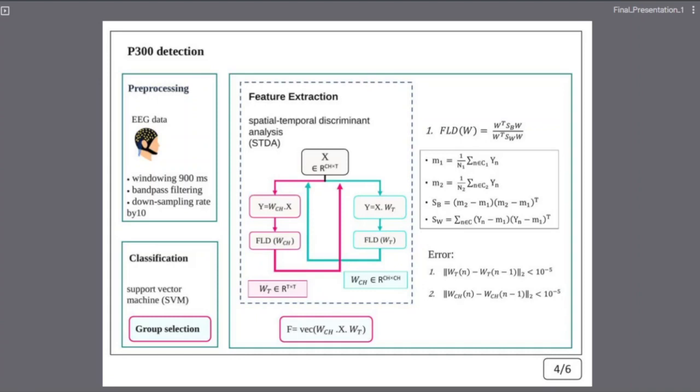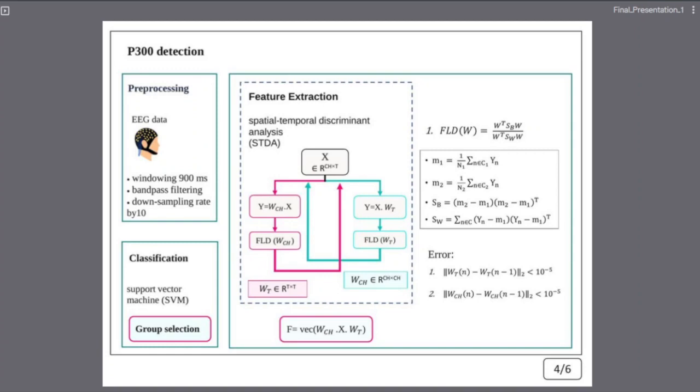Since P300 based ERP signals have important information in both spatial and temporal domains, in order to extract the features in the spatial and temporal domains, two spatial and temporal projection weights are embedded, which is called STDA, I mean spatial temporal discriminant analysis. You can see it in this feature extraction block.